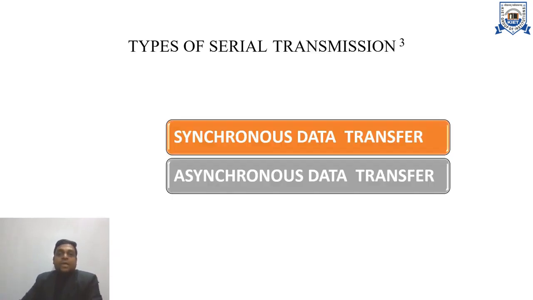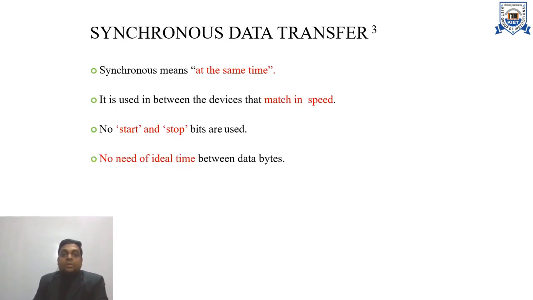Now we have types of serial transmission. Here we have two types: synchronous data transfer and asynchronous data transfer. Synchronous data transfer means the operation is performed at the same time.